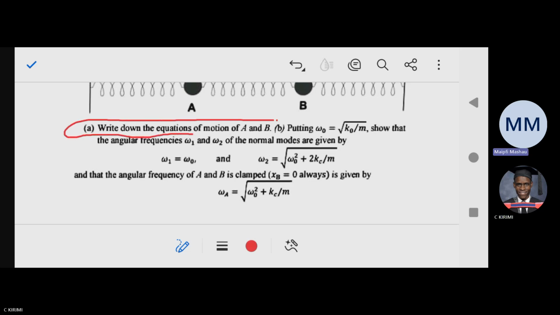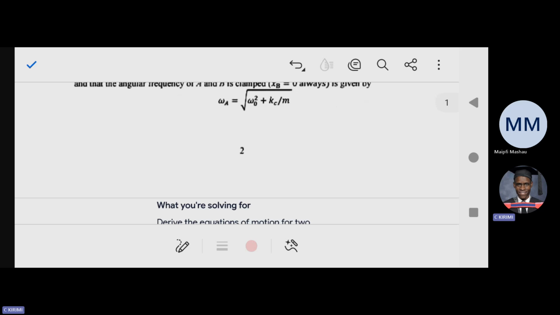Which one? Write down the equations of motion of A and B. That is what we derived here.